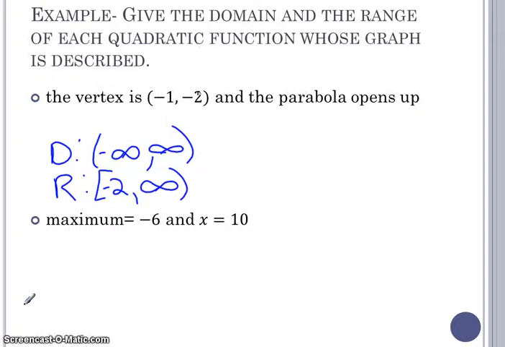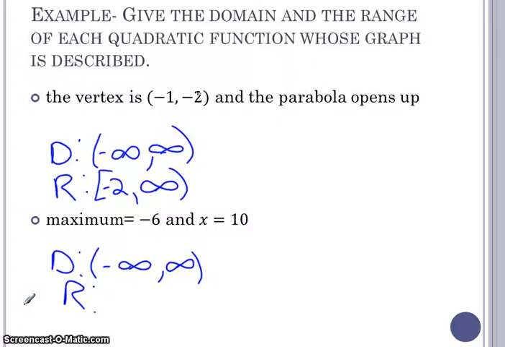All right, so the next one, we've got a maximum value that equals -6, and that's going to happen at x equals 10. What's our domain? All reals. Gotta love that one. Okay, and then our range. -6 to infinity?